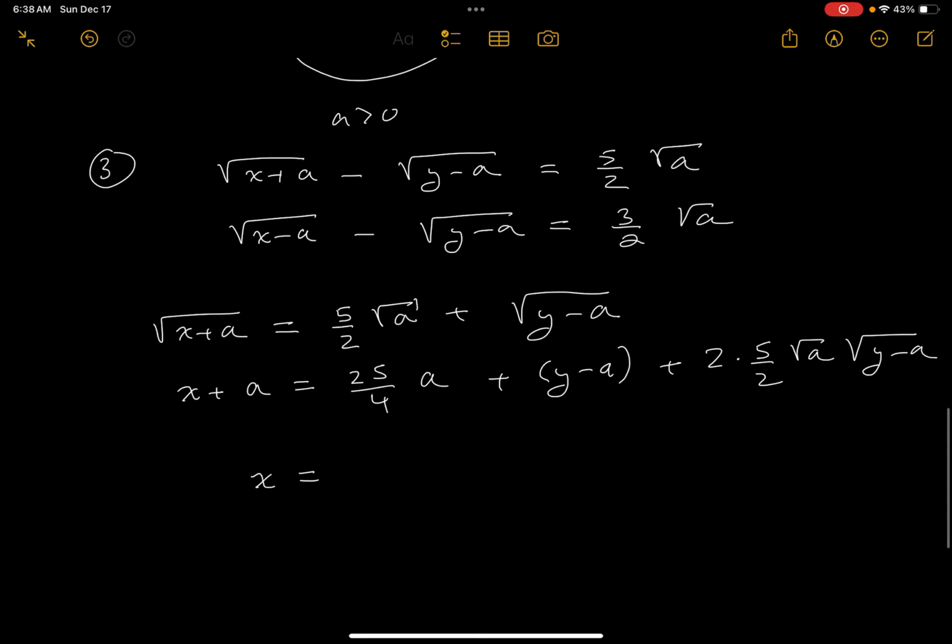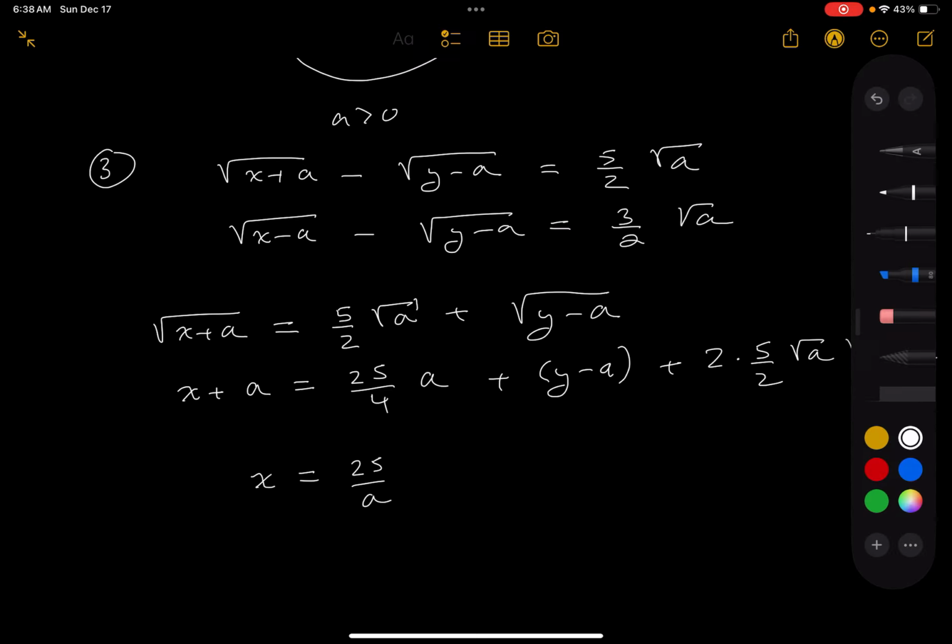I'm seeing 25 quarters of an a. I see minus a, and another minus a. I took it from both sides, by the way. So this is done, that's done, and that's done. Let's keep looking at it.